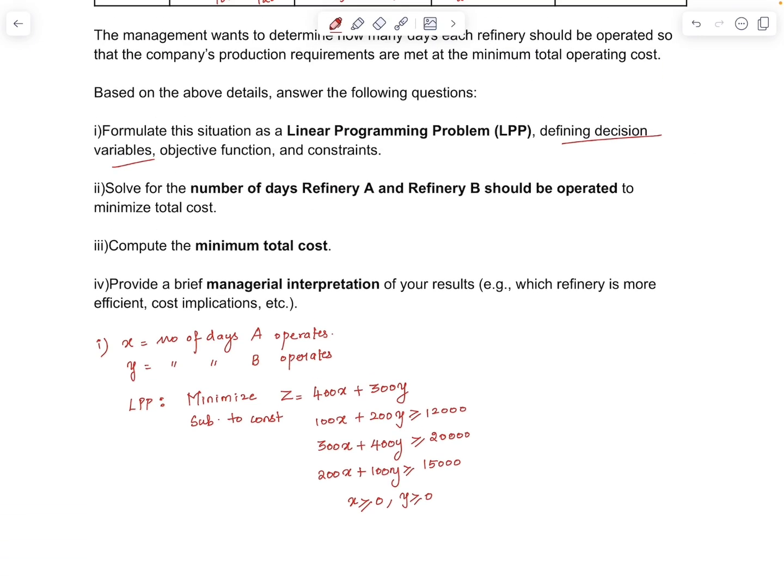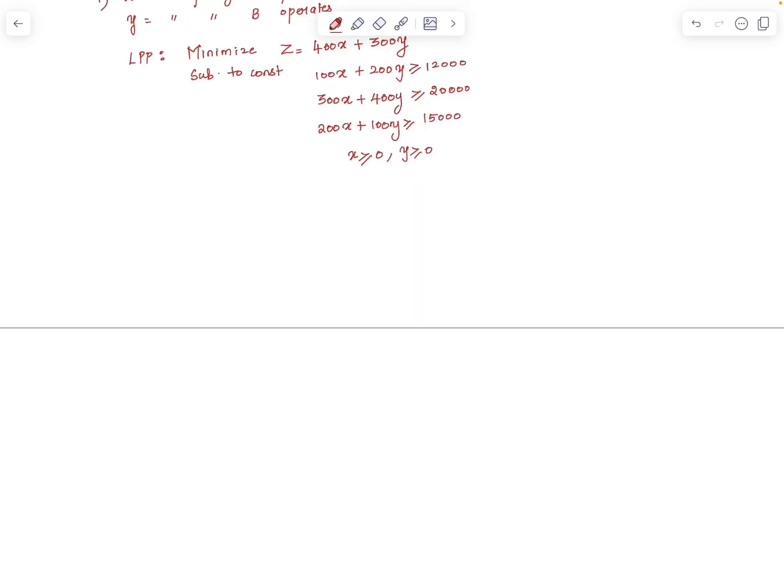Question 2. Solve for the number of days refinery A and refinery B should be operated to minimize the total cost. Let's convert all the linear inequations to linear equations. 100X plus 200Y is equal to 12,000. Reducing this, we get X plus 2Y is equal to 120. For X value 0, we get Y as 60.